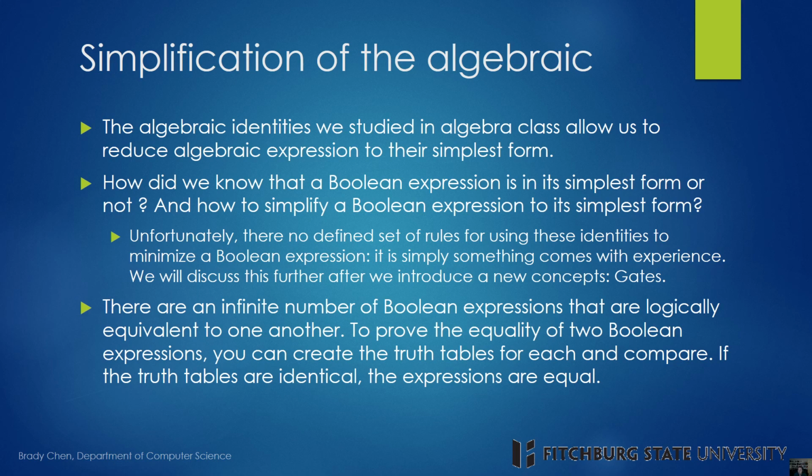To prove the equality of two Boolean expressions, you can create truth tables for each and compare these two truth tables. If the truth tables are identical, then the expressions are equal. So in that case, we prefer to pick the logic expression with the simpler form.